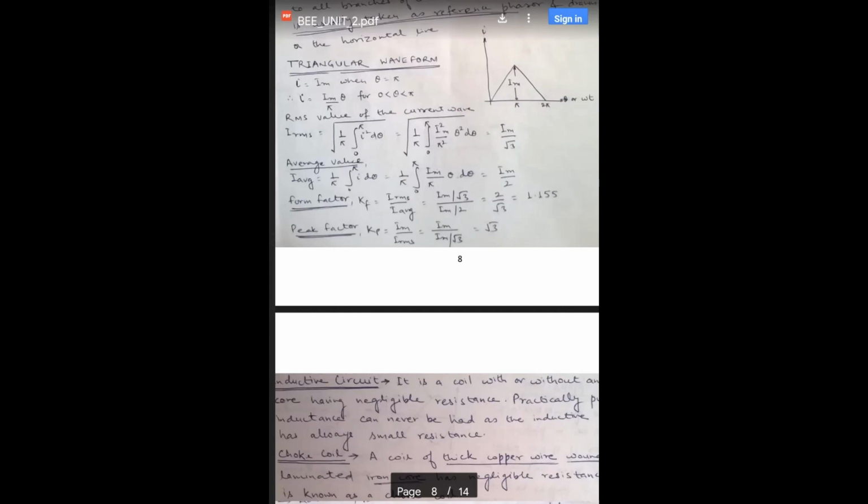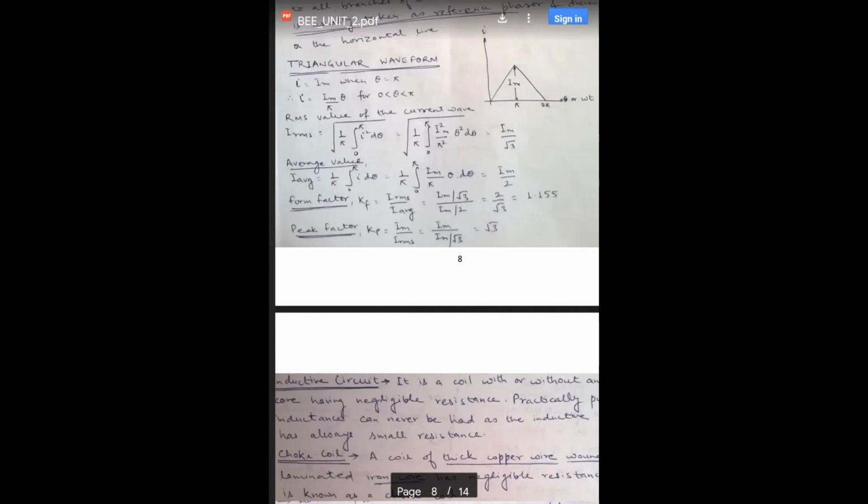We apply the limits and we get I RMS as Im by root 3. Similarly, if we calculate the average value, we can apply the definite integral of 0 to pi and get the value Im by 2.